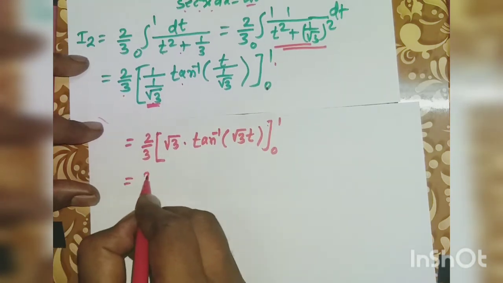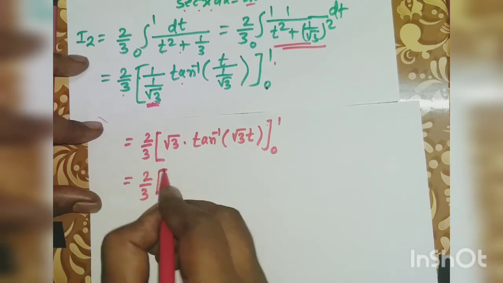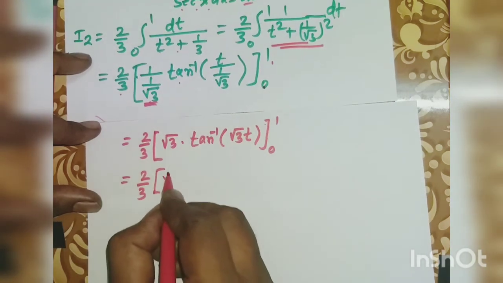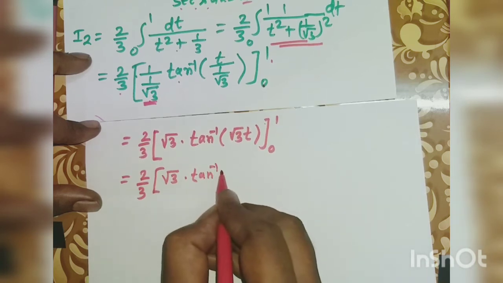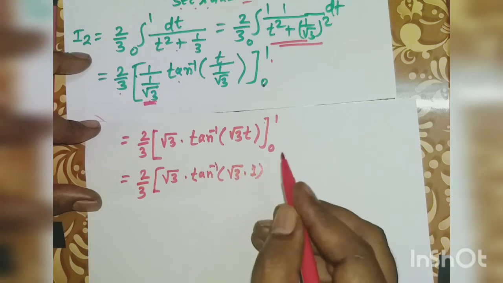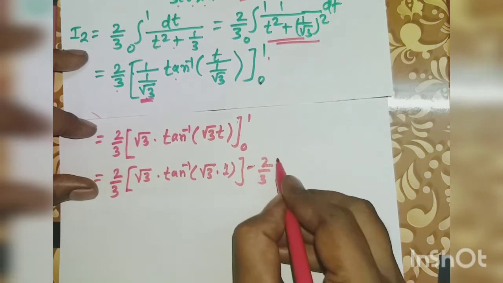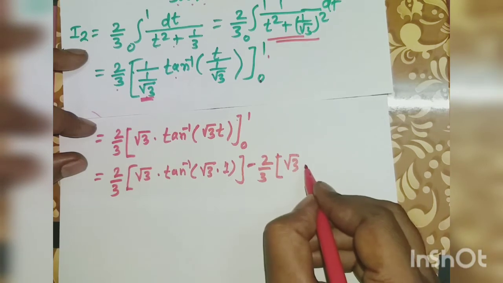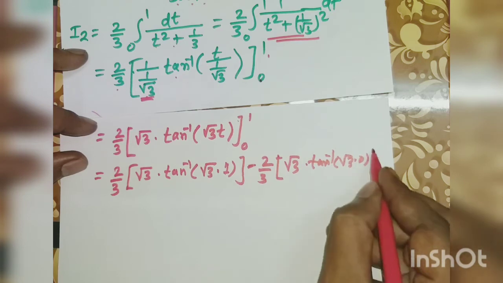It is equal to 2 by 3. Take the upper limit: root 3 tan inverse of root 3 into 1, minus 2 by 3 root 3 tan inverse of root 3 into 0.